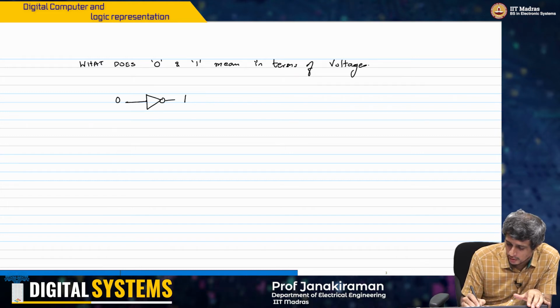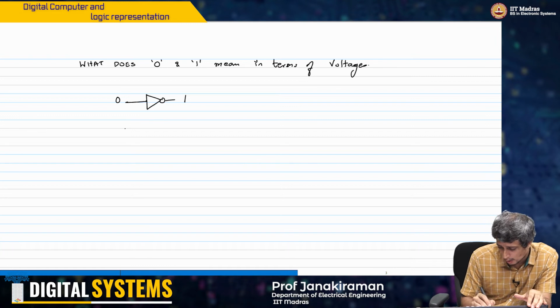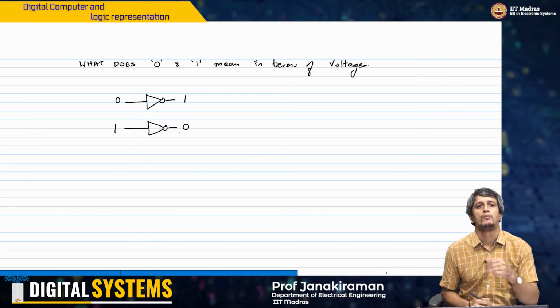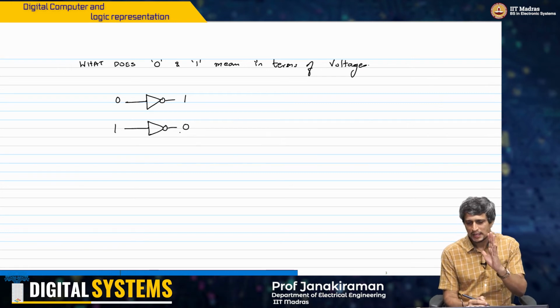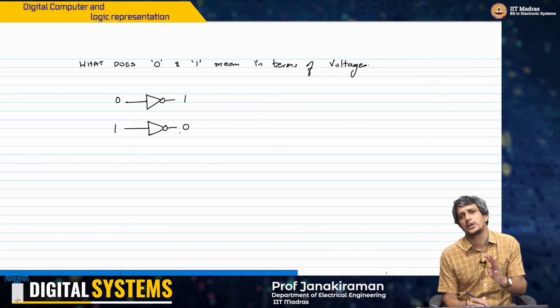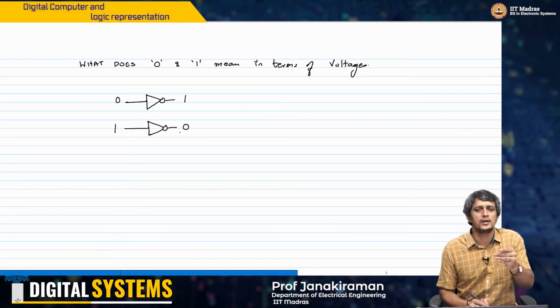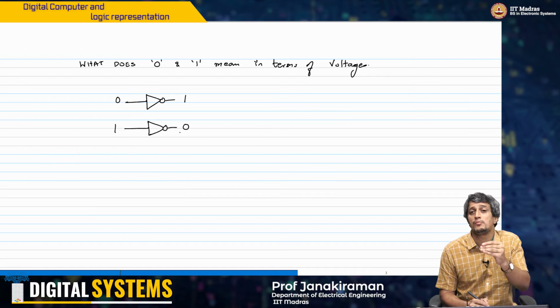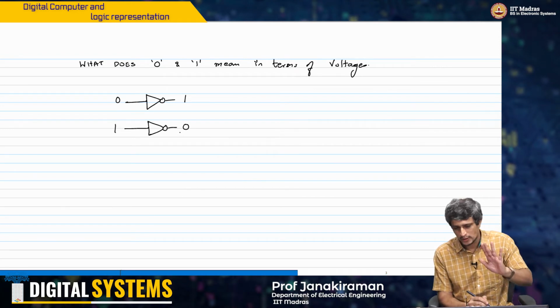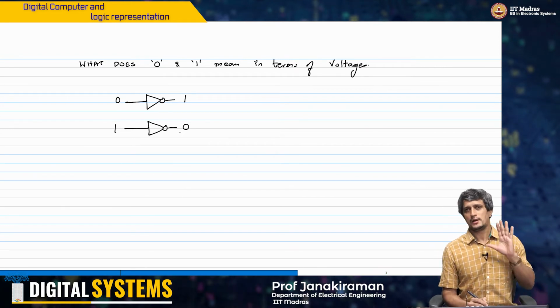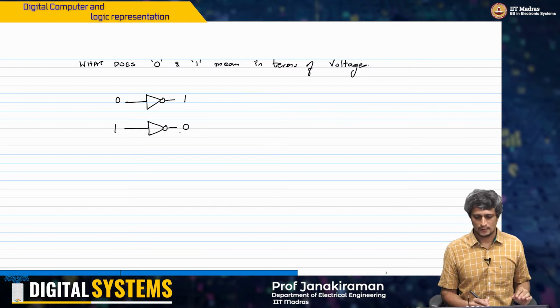You give 0, you will get 1. Or you give 1, you will get 0. But again, this is a logical representation. This does not mean that 0 means 0 volts, 1 means 1 volt. So this is a fundamental point that we have to understand.